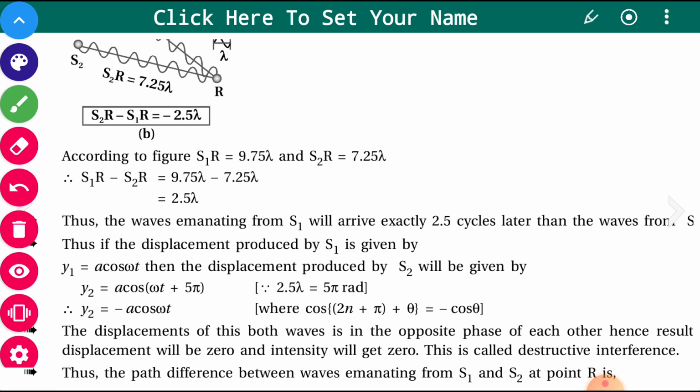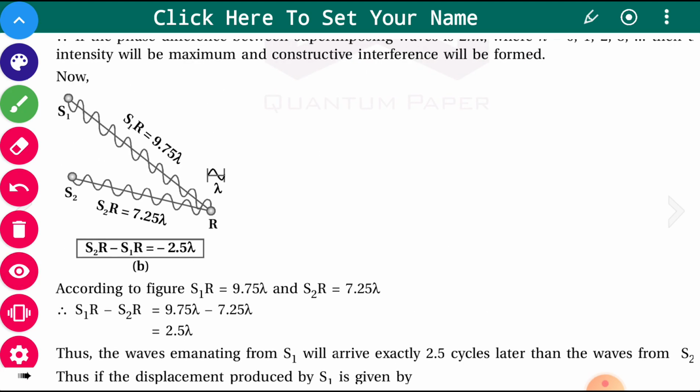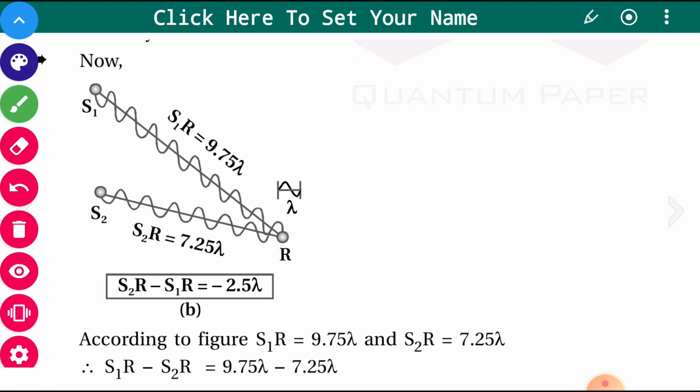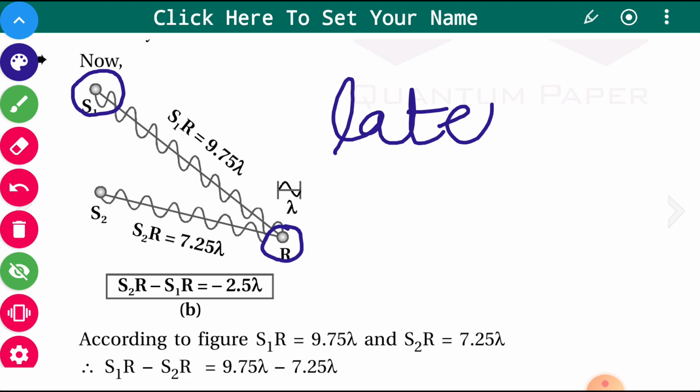Thus, the waves emerging from S1 will arrive exactly 2.5 cycles later. Try to understand, because the distance of R from S1 is larger than S2R, the waves coming from S1 will reach point R later, because they have to travel a larger distance, 9.75 lambda.